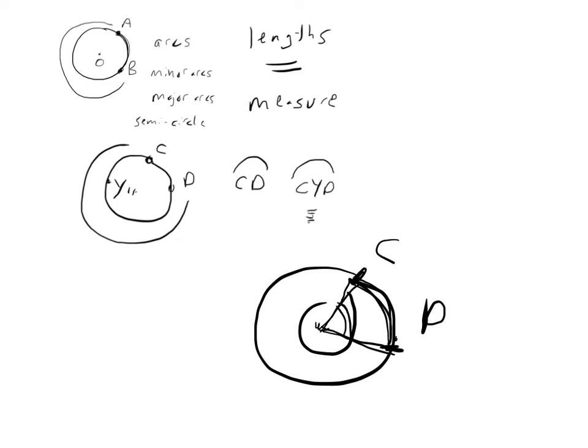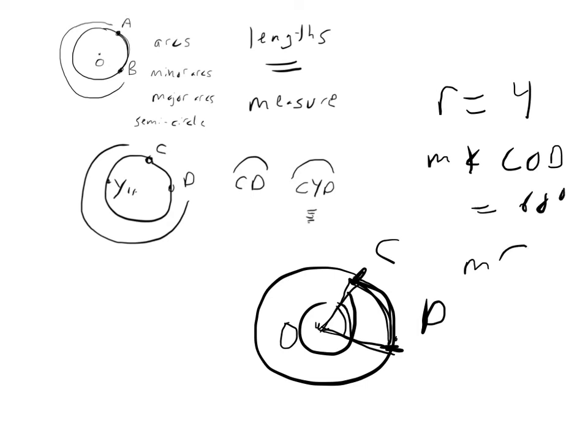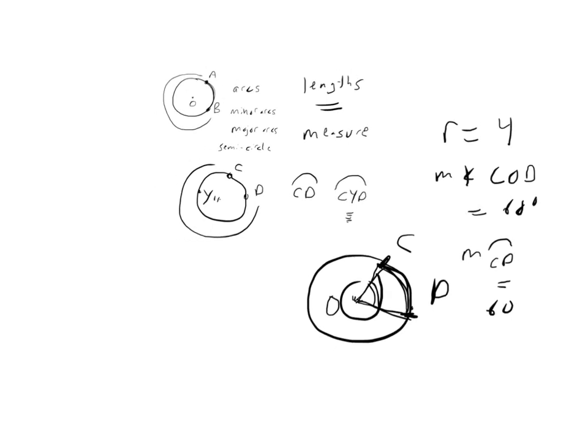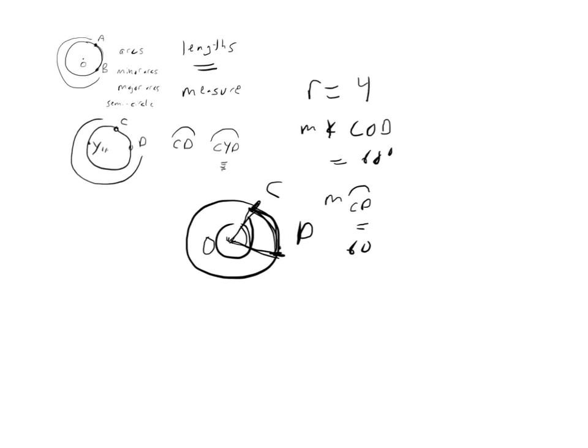So if I tell you, for example, that the radius of the circle below is 4, and I tell you the measure of angle COD is 60 degrees, I would say the measure of arc CD equals 60, whereas the length of arc CD is going to be a portion of the circumference.